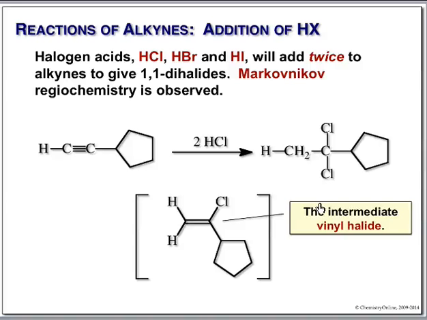So that means that this would be a super stable carbocation. So once you get to this stage, there's no question, the second chlorine is going to come here to give us the 1,1 dihalide. So just like alkenes, except twice.